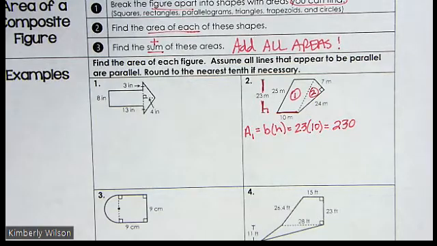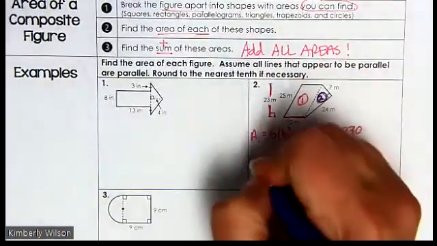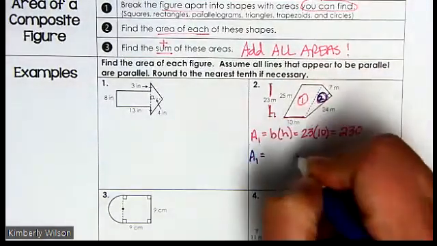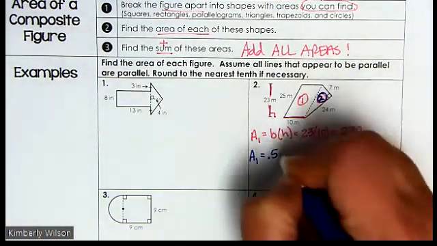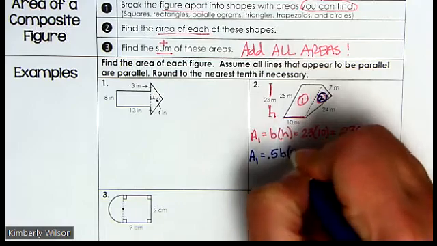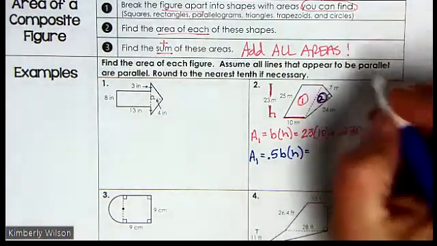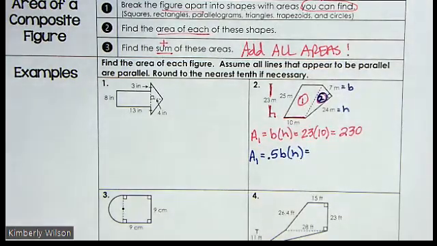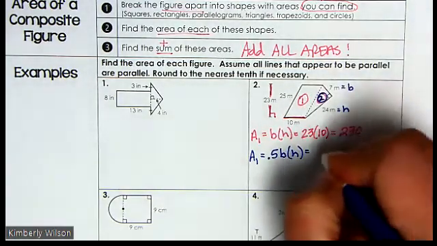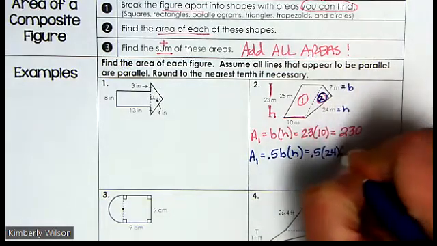Figure 2, which is the triangle. So I'm going to do 0.5 or 1/2 base times height. There's my formula. Remember, you always write the formula first. It makes the right angle, so here's my base, here's my height, or they could be interchangeable. So I'm going to have 0.5 times 24 times 7.